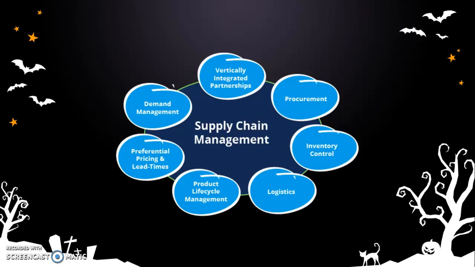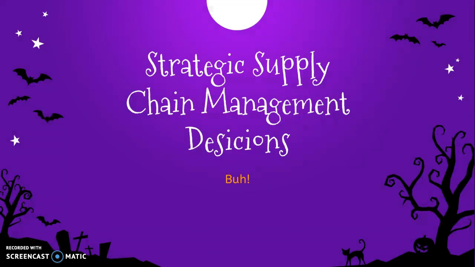You need procurement, inventory control, logistics, product life cycle management, preferential pricing and lead times, as I mentioned before, and demand management.